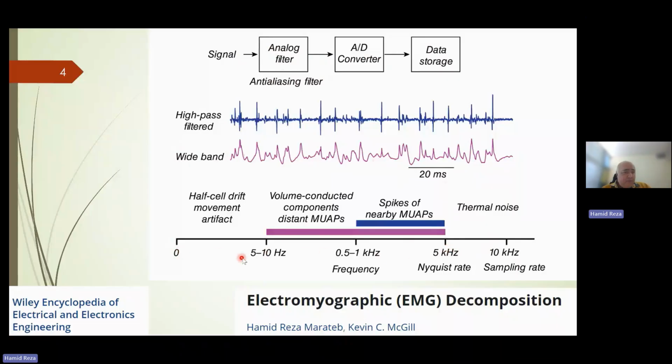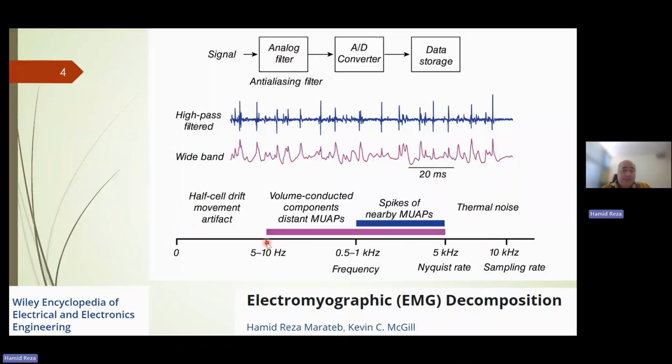From 0 to 10 hertz, usually we have the electrode drift, the half-cell drift potential, and we have to get rid of it because it doesn't have enough information for us to precisely locate the action potential of a motor unit. From 10 hertz to 5 kilohertz, we have information.